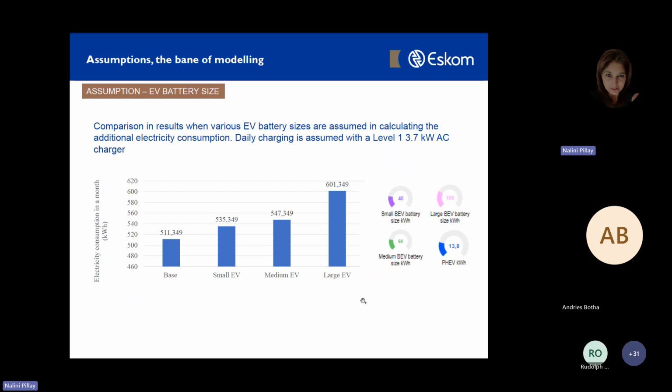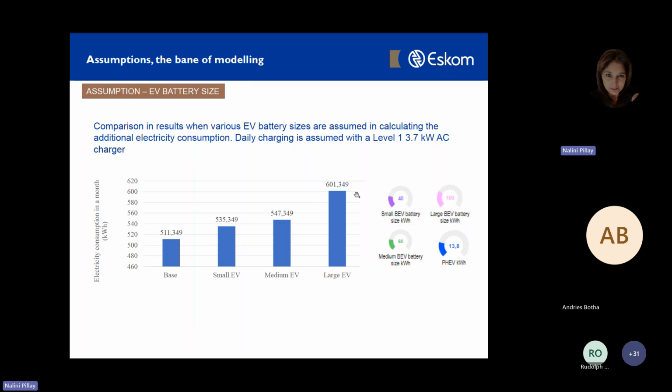In terms of your EV battery size, yet again, these will impact your results and your forecasting. Here we have a base of what that particular household consumes in a month. However, if they start charging with a small EV, and this is assuming that we have a level 1 charger of about 3.7 kilowatts, then these would be the differences.